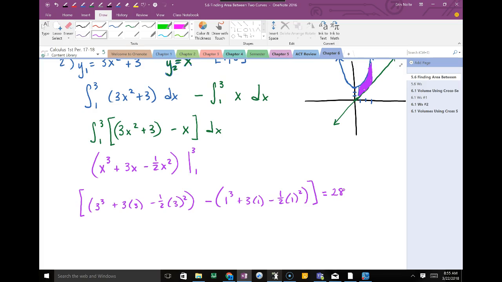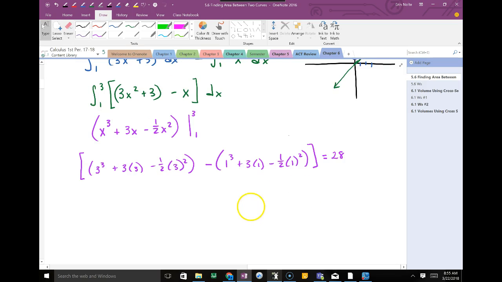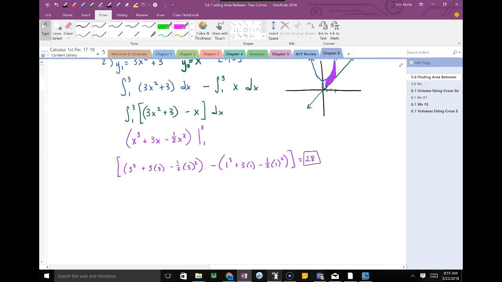Make sure that just the 1 right there is squared, not the 1/2. One answer is right and one is wrong. By the way, that's only 1/4.